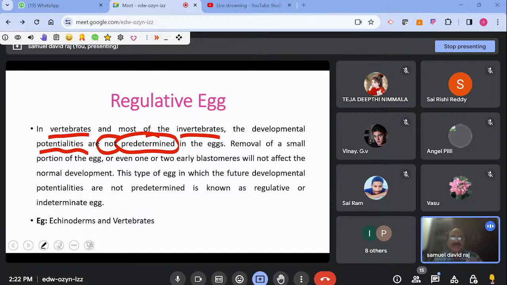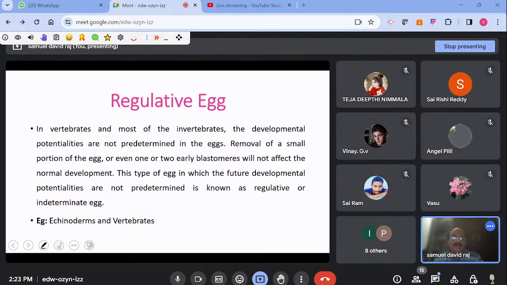So this type of egg, in which the future developmental potentialities are not predetermined, is known as a regulative egg, and the type of development is regulative development. As it is not predetermined, it is called an indeterminate egg. We can see this type of egg in echinoderms and vertebrates.